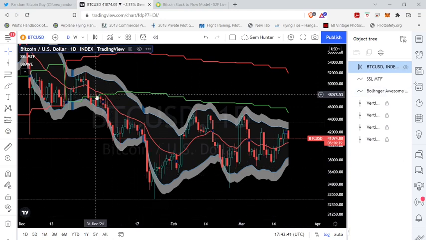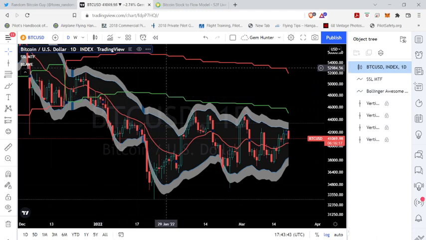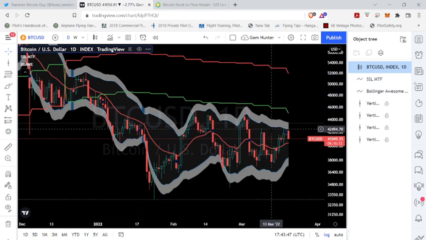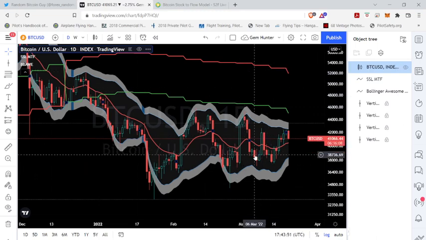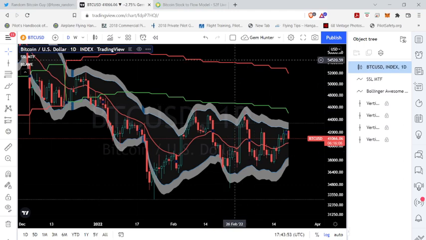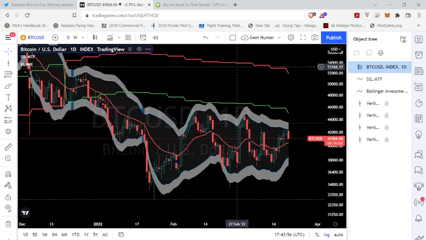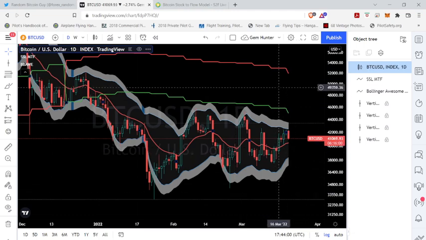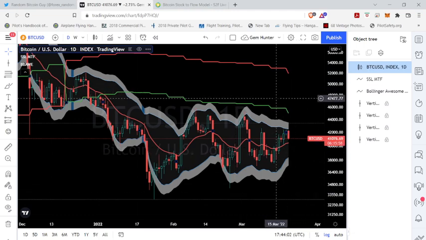Okay, when we are in between the SSL, nothing changes. We're just going to do our DCA. It doesn't matter what happens in here in the Bollinger Bands. That doesn't matter. We're just going to keep our DCA normal when the price and the Bollinger Bands are in between there. Nothing changes.